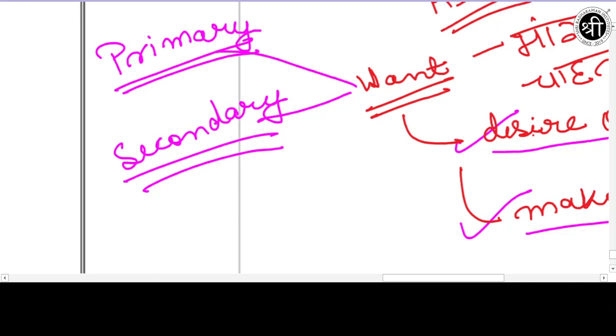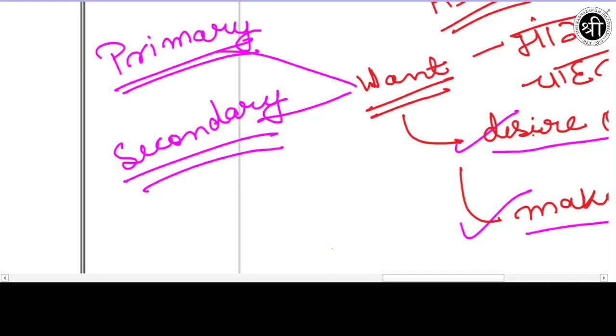So this is what we call primary want. But if we talk about the secondary want, then the best example could be a plate of chicken biryani. If you don't have a plate of chicken biryani, will you not be able to live? The answer is no. So chicken biryani becomes a secondary want.